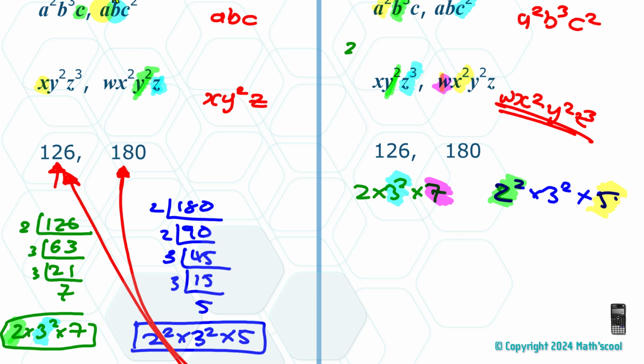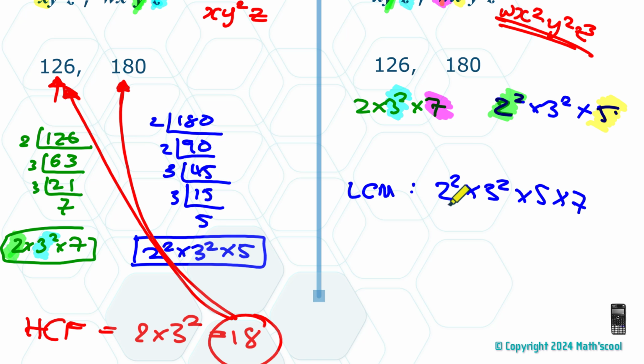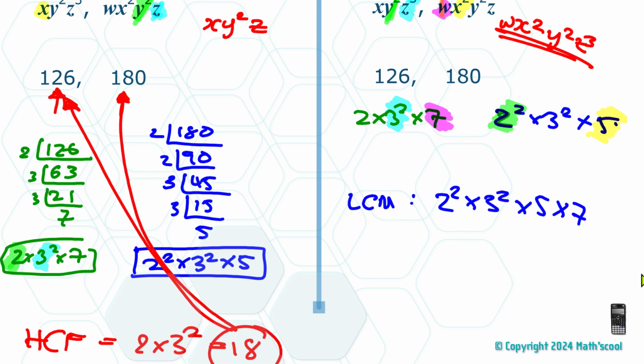So our lowest common multiple is going to be 2 squared times 3 squared times 5 times 7. Well, one of the 2s times the 5 would be 10. I'll do that first.